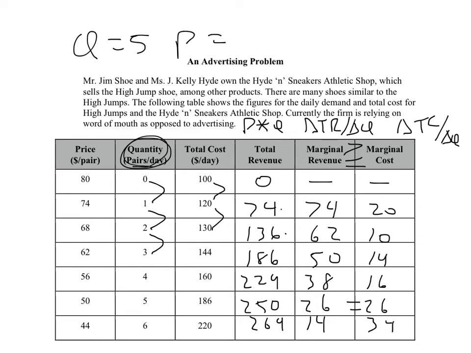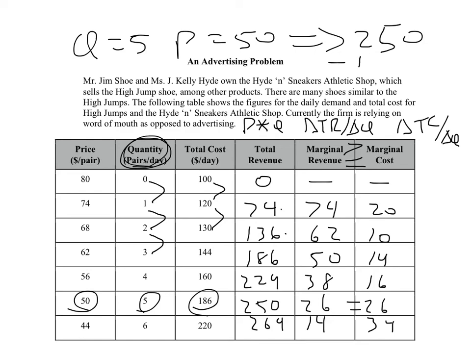And they will charge a price. If we want to sell 5, we need to charge a price of 50. That gives us a revenue of $250. That's revenue. And cost is 186. That was given to us. That's the cost.